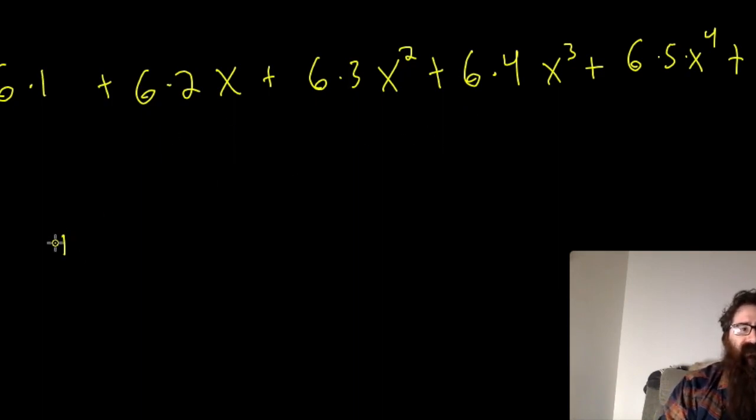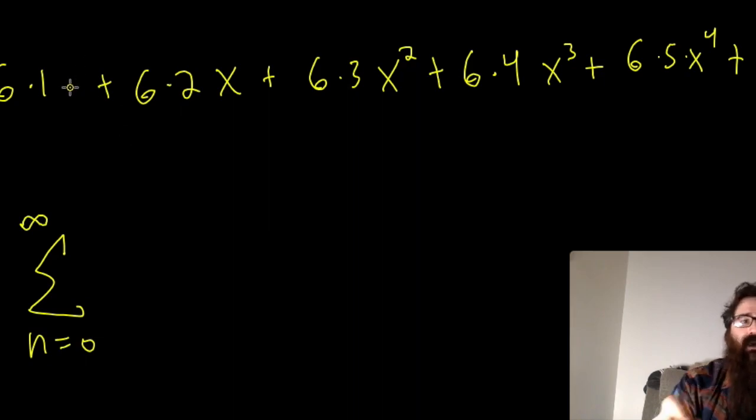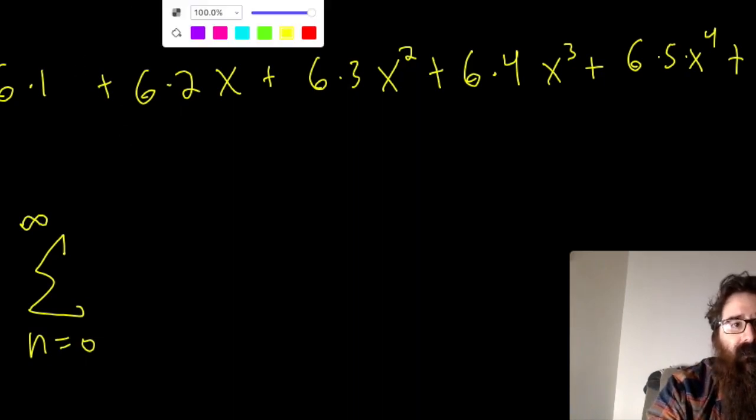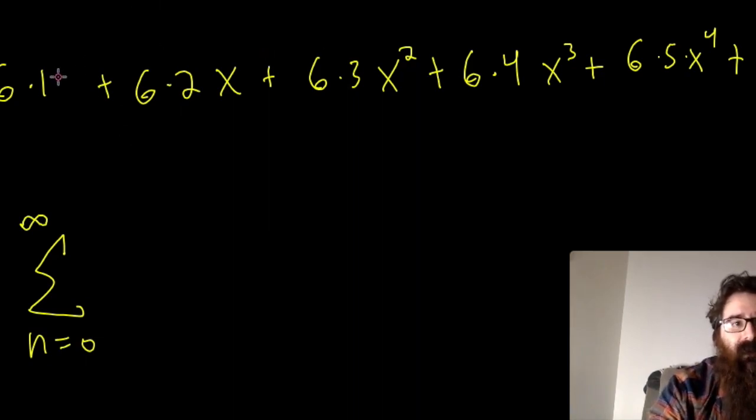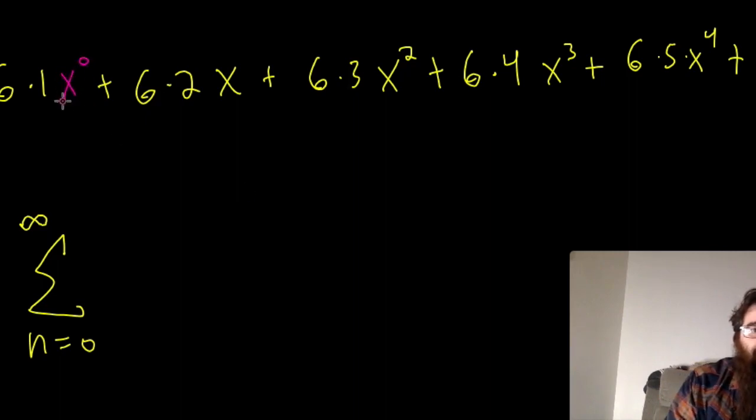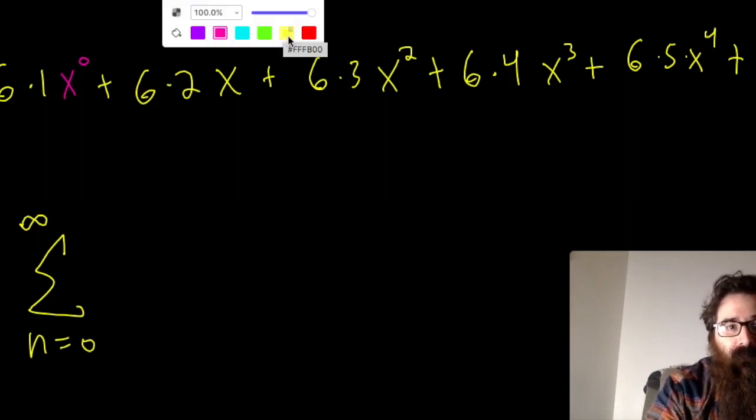But here I could say this is the sum from n equals 0 to infinity of, and if it helps, I could go to this very first one here, and I could write in the x to the power of 0. Though it's really kind of hidden. X to the 0 is just 1, so it's not really visible.